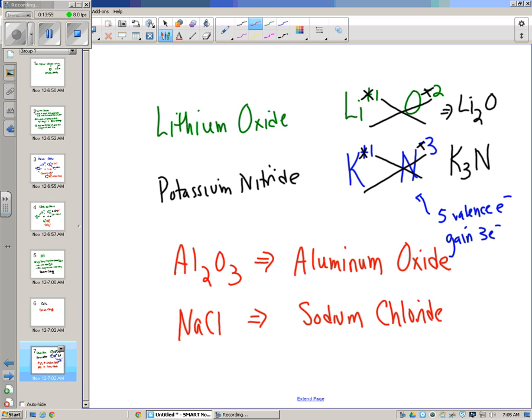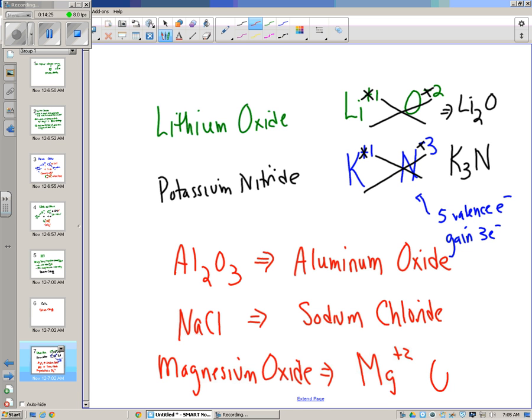Now, last one. They give you magnesium oxide. We have to write the symbol for magnesium, which is Mg. Magnesium has a +2 charge because it's in group 2.